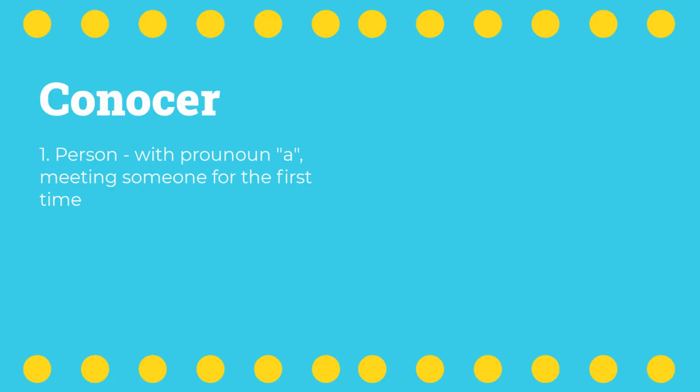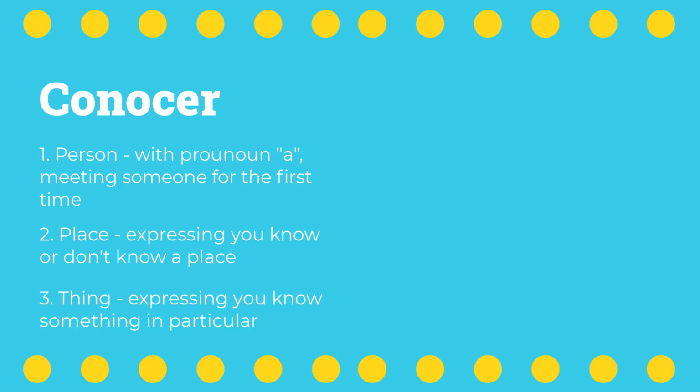Okay, so to recap, there are 3 basic rules that you can use to identify when to use saber and when to use conocer. Okay, so conocer. Remember these 3 rules. Número 1. For a person, we use it with the pronoun a. We use it for when we're meeting someone for the first time. We use it for a place, so expressing that you know or you don't know a place.